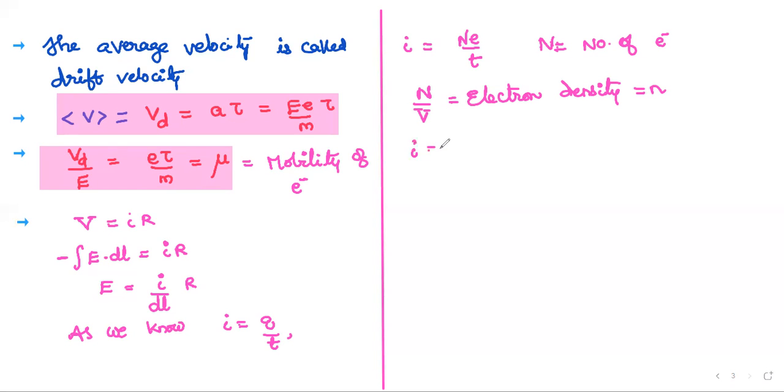So in terms of electron density, let us write the current. I is equal to the number of electrons per unit volume. What I am going to do is divide with volume and multiply with volume, the same equation.